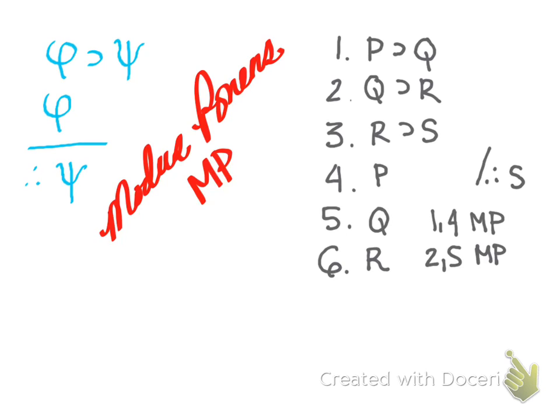Now we have R on a line, which happens to be the antecedent of the conditional on line 3, which means we can infer S by 3, 6, modus ponens. And now that we have the conclusion on a line, the proof is complete.